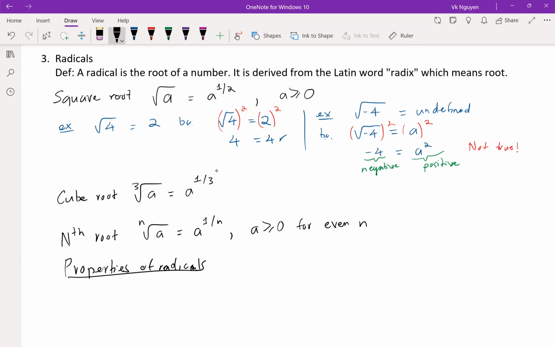First property is square root of ab, which is ab to the power 1 over 2. Now, using exponent rules, we have a to the 1 over 2, b to the 1 over 2. And it is root a, root b. Very useful.